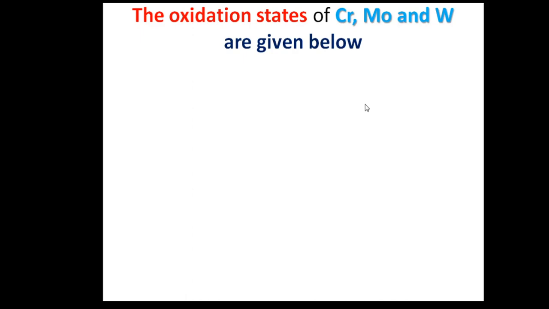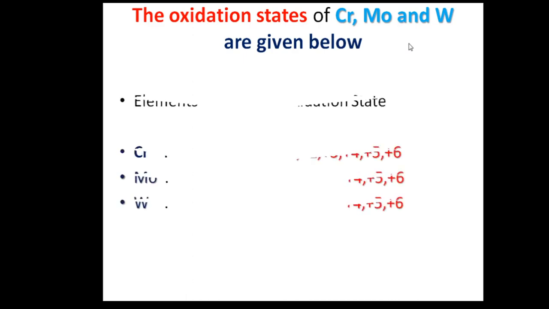Let's see some oxidation states of chromium, molybdenum and tungsten. Students, this is a very simple chart where you can see that chromium starts with +1 and ends with +6, the last oxidation state being +6. So chromium shows such a long oxidation chain.